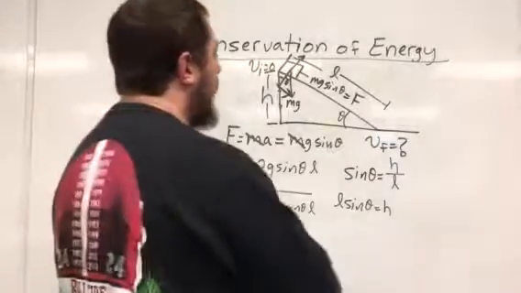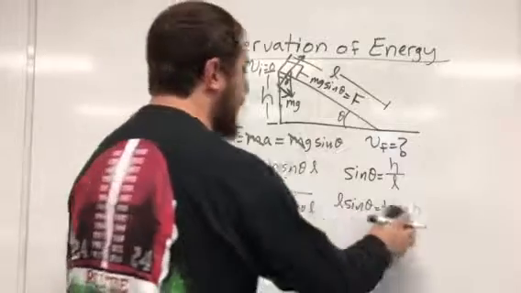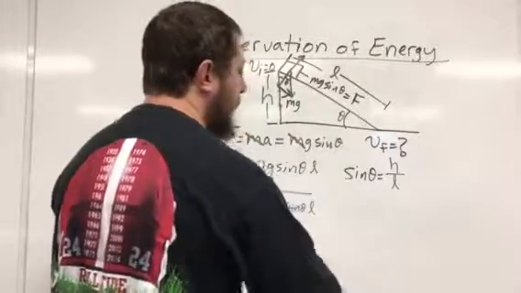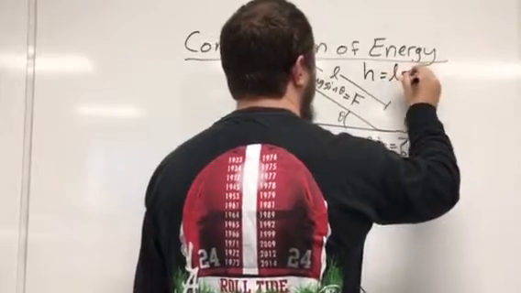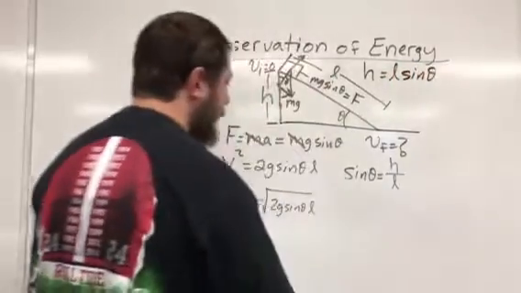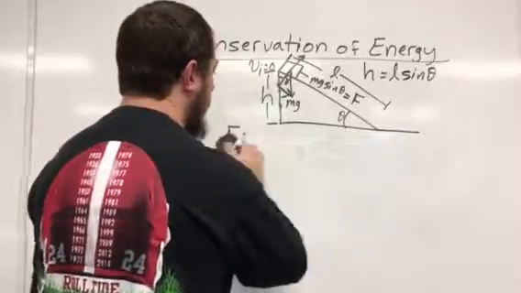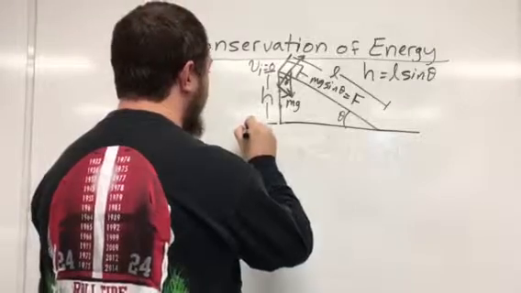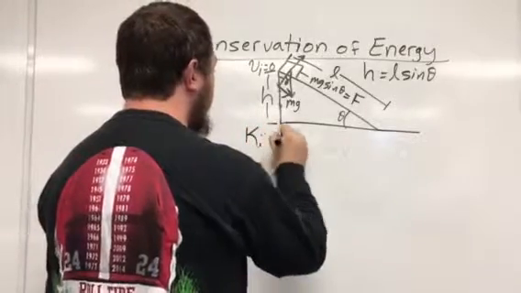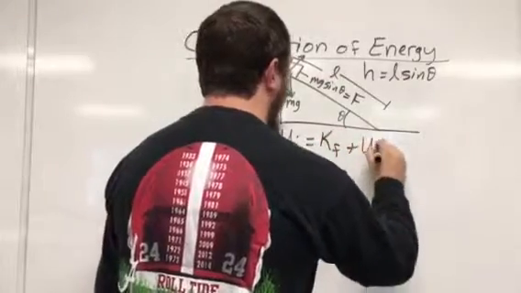Now, how can I solve this problem using just energy, all right? So we'll keep this in the back pocket here. We have that h is equal to L sine theta. And now we want to solve the problem using energy conservation. So to use energy conservation, we say that Ki plus Ui is equal to Kf plus Uf.